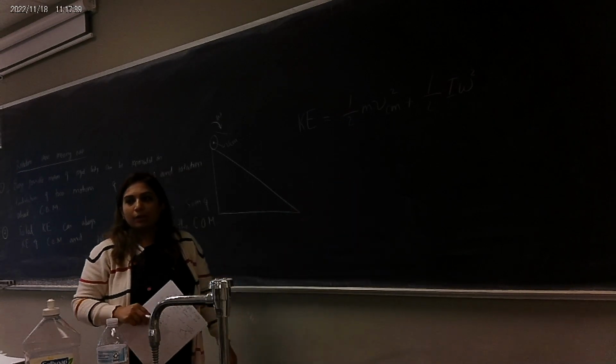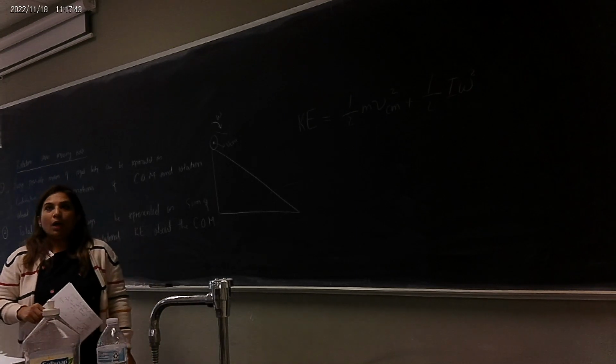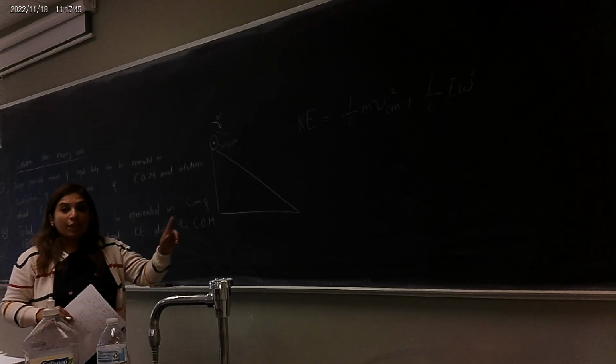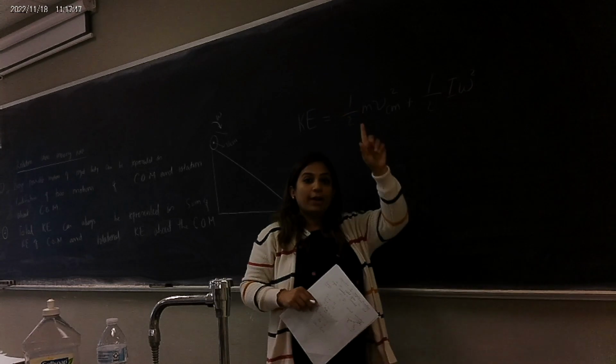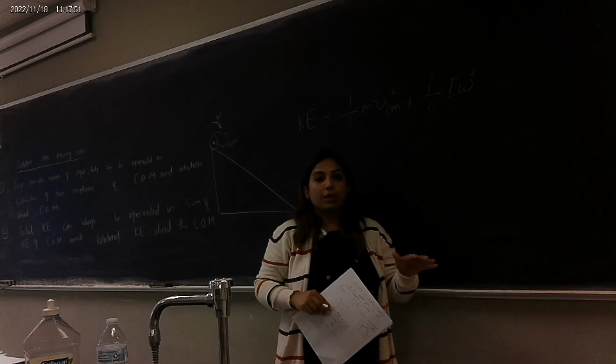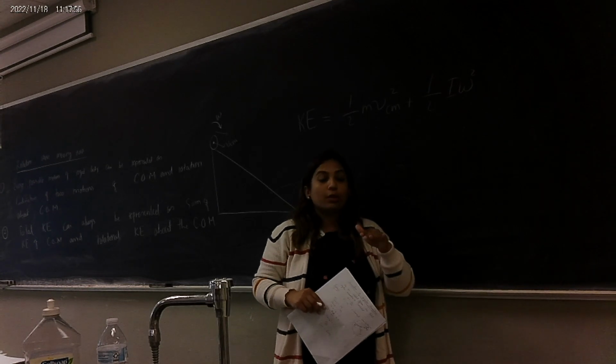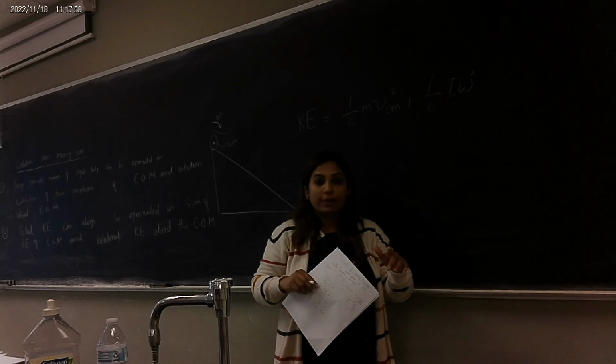Yes? So is this rotation about a moving axis or above a moving axis? The rotation is about one axis that is not changing. That is the axis passing through the center of mass. So the rotational axis remains the same. Don't get confused by two different axes.